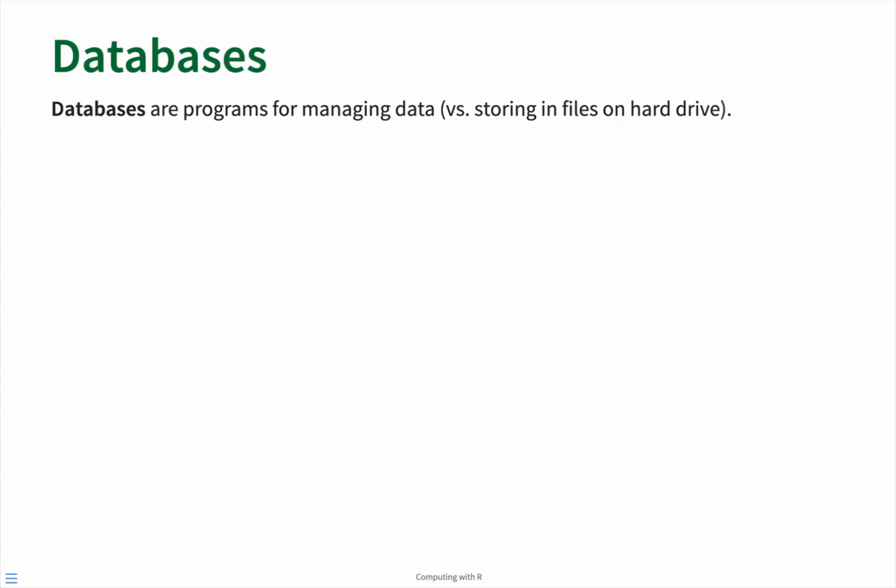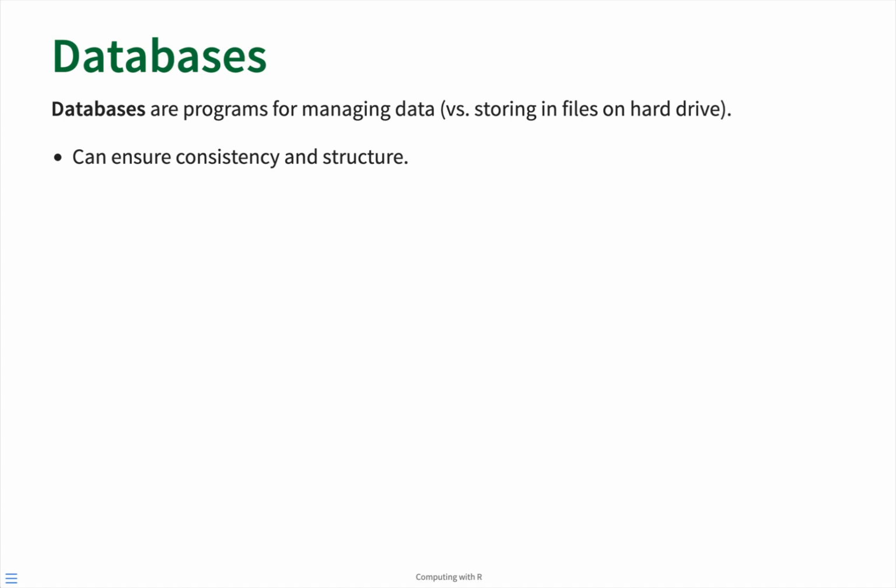We mentioned before that databases are programs for storing data, typically as an alternative to just storing the data in files. The reason, or one of the reasons you might do this, is because then the database program can ensure that the data maintains the structure that you wish it to have.